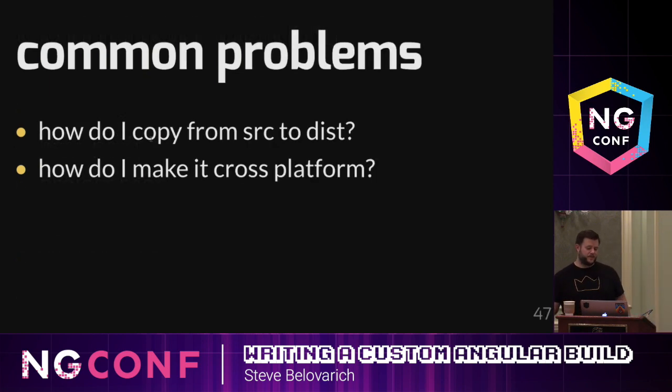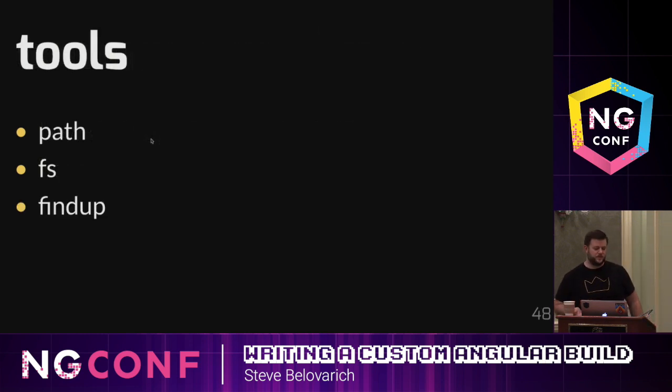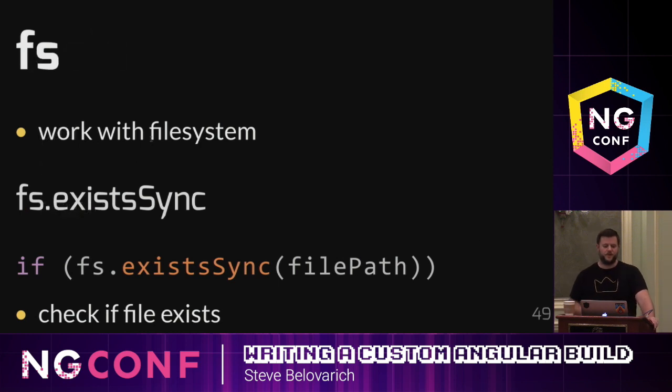But the problems that we're going to solve today are how do I copy from the source folder to the dist folder, and how do I make it cross-platform? And the tools we're going to use to do that are path, fs, and findup. So fs allows you to work with the file system.